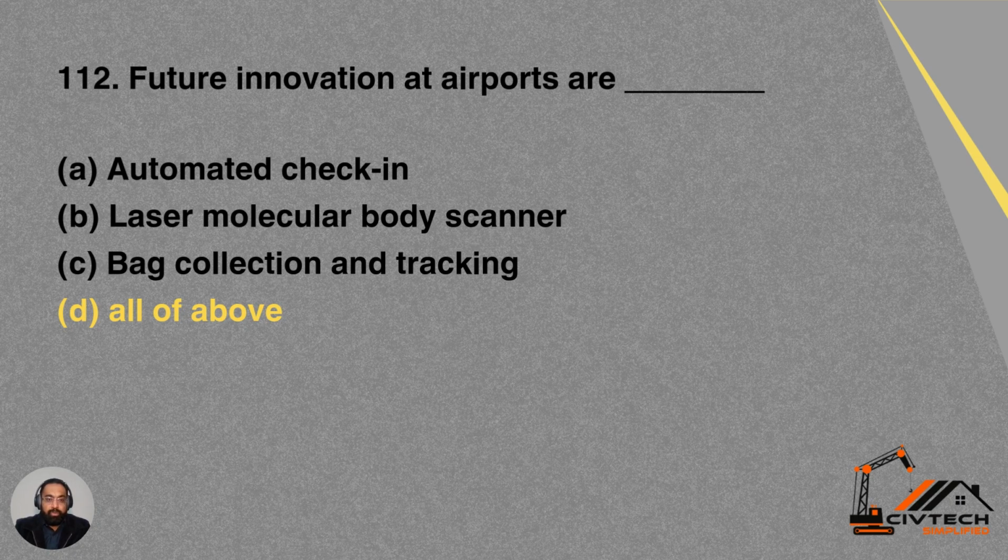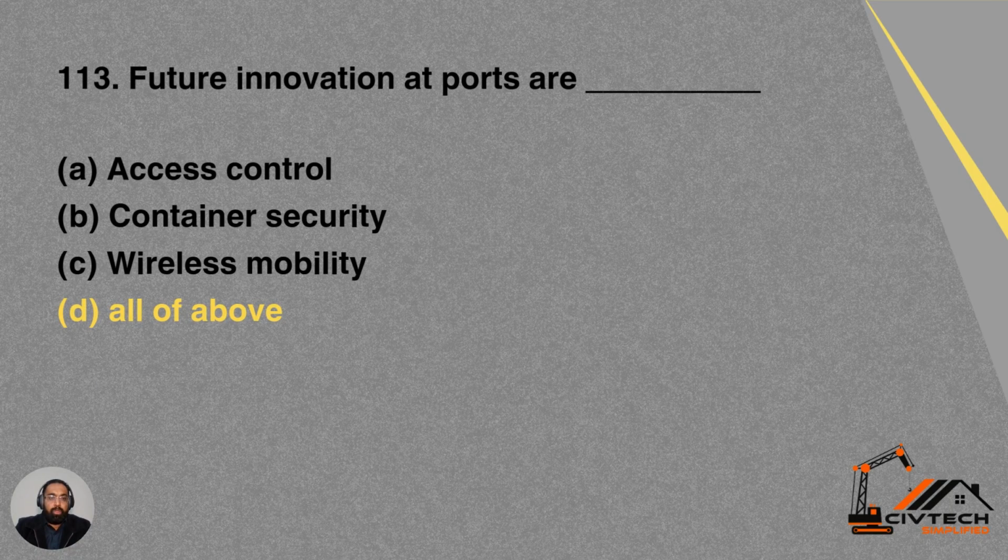So these all are the features of future innovation at the airports. The automated check-ins have already started. Laser and molecular body scanners are available in advanced countries, and bag collection and tracking is also available. So all these features are for future innovation of airports.